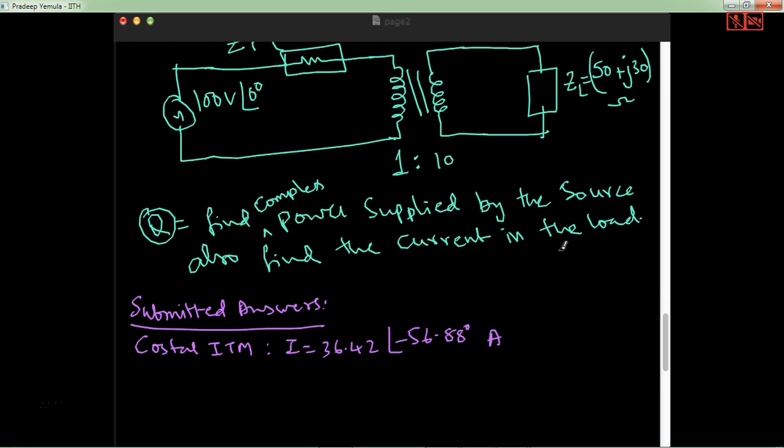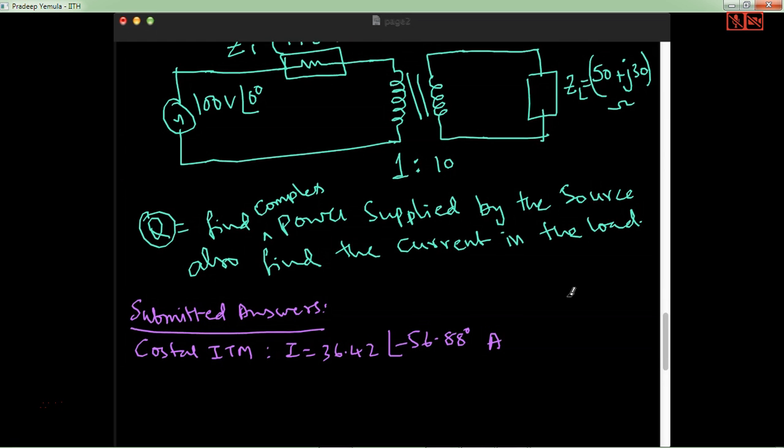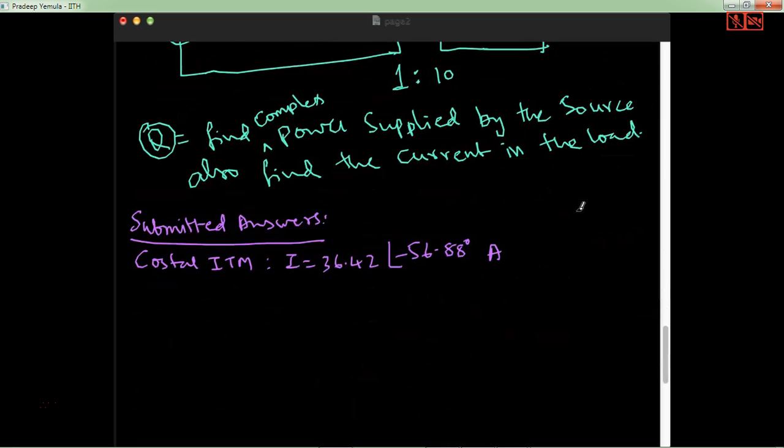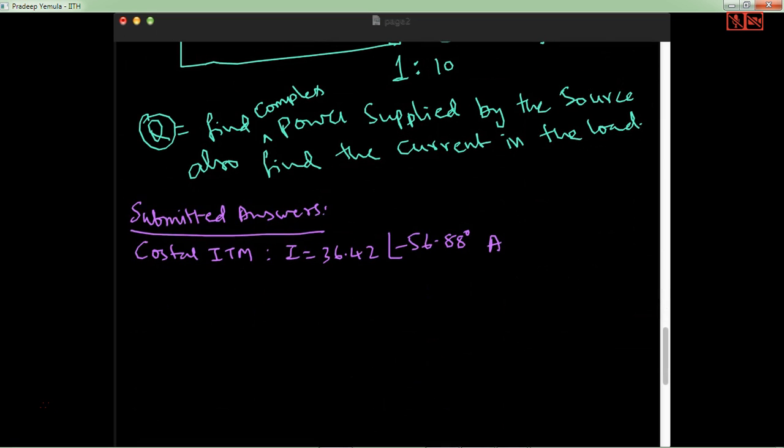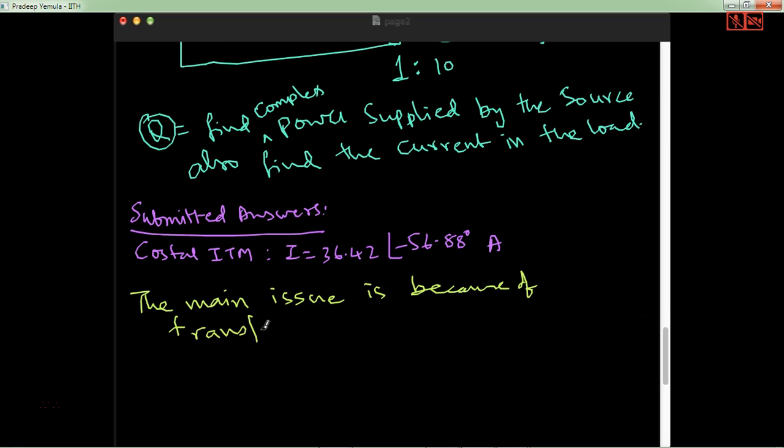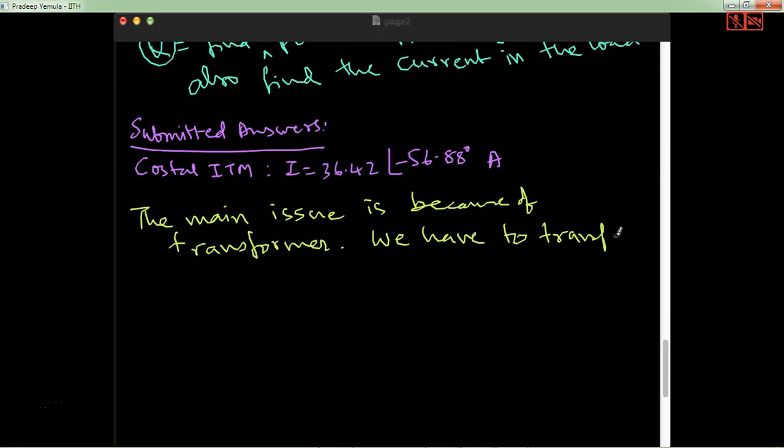Okay. So even before we go forward, remember that power system. So the main issue is because of the transformer. So we have to transfer impedances from one side to the other side.